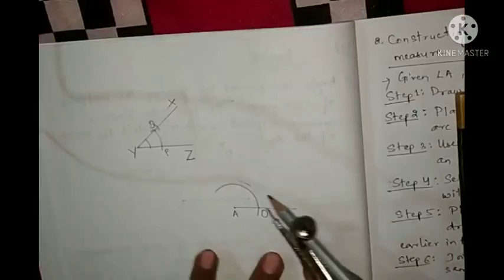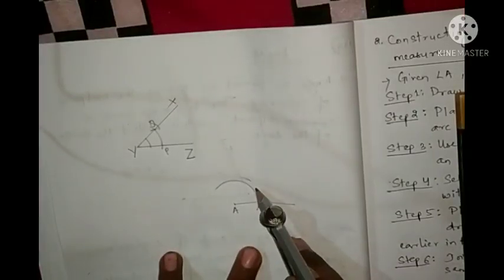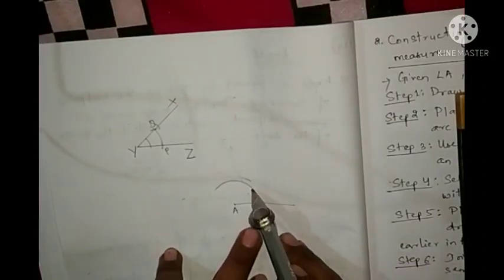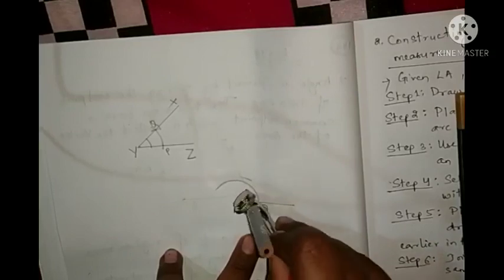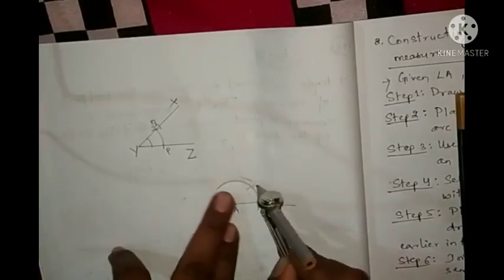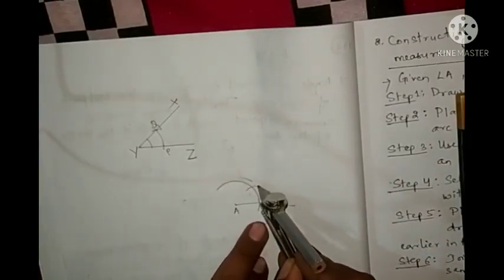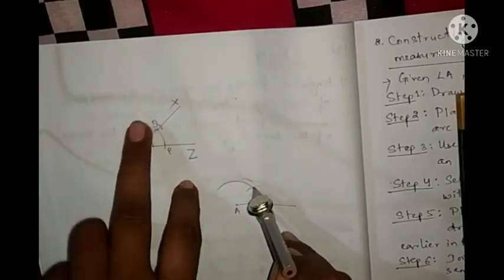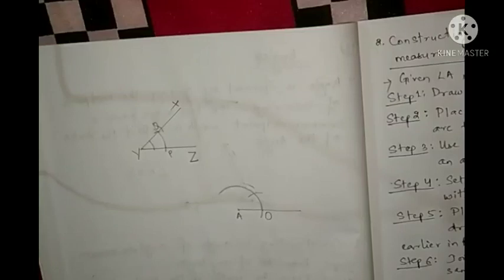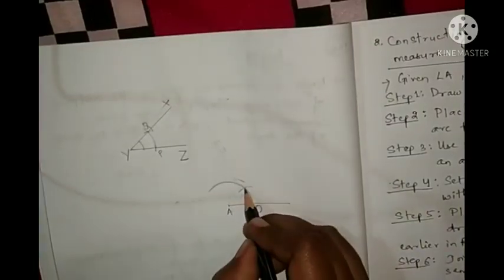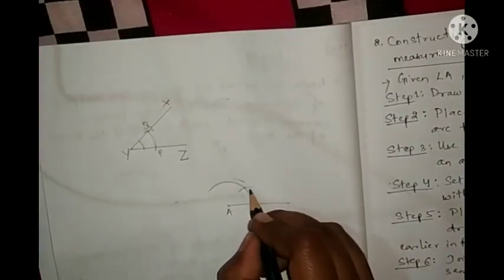With this measurement, put the pointer on O and mark an arc on the previous arc, with the measurement PQ. Then you have got a point. Name it as M.